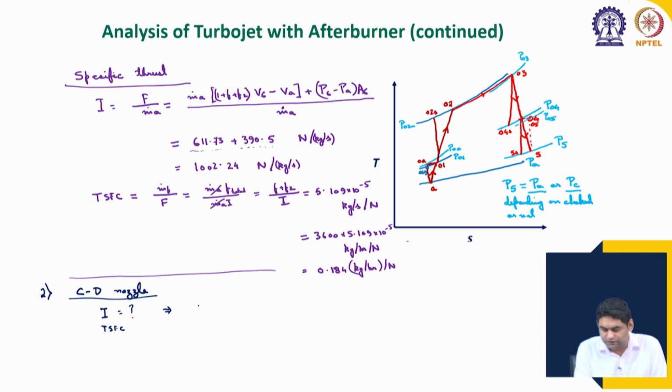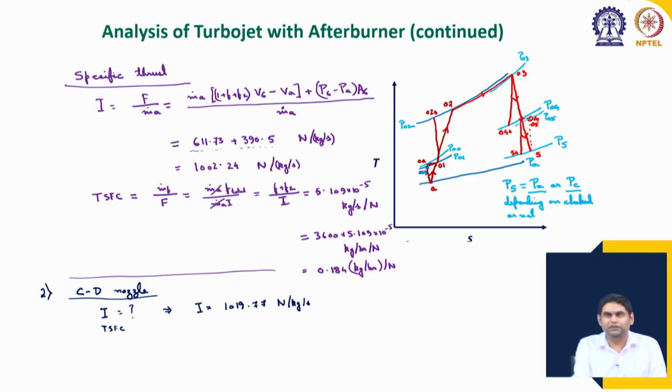So, the value comes out to be equal to 1019.77 Newton per kg per second. Please verify. So, this is slightly larger than the 1002.24 Newton per kg per second, which we had obtained with the convergent nozzle.